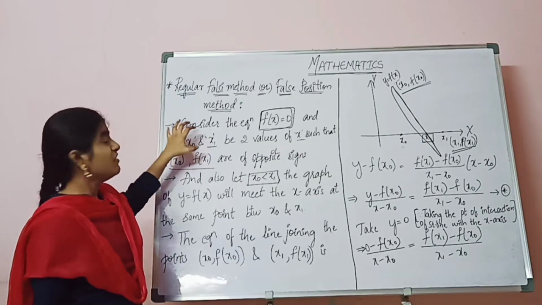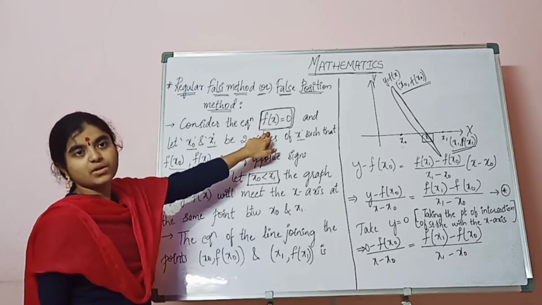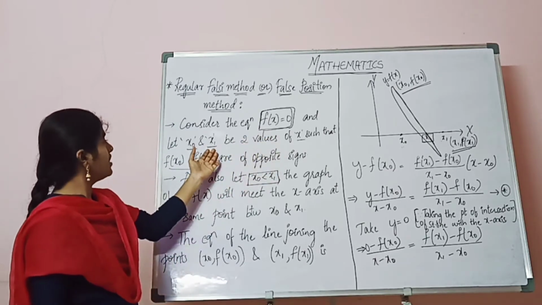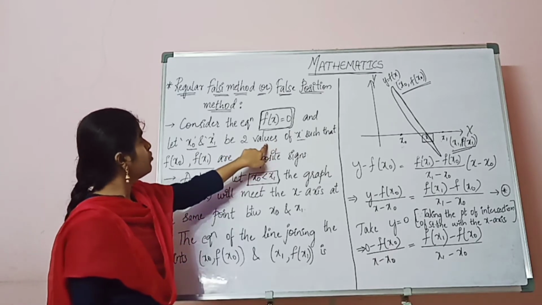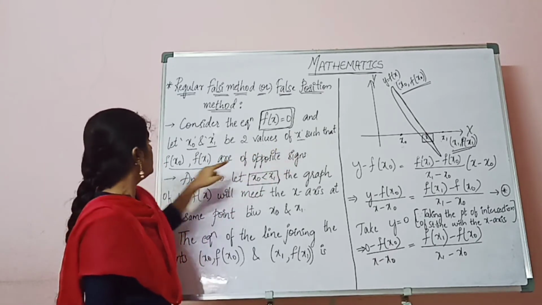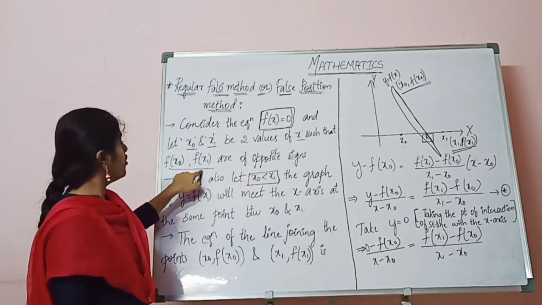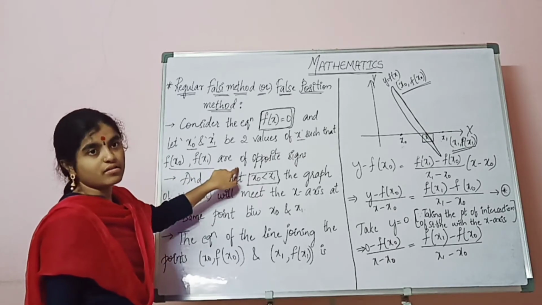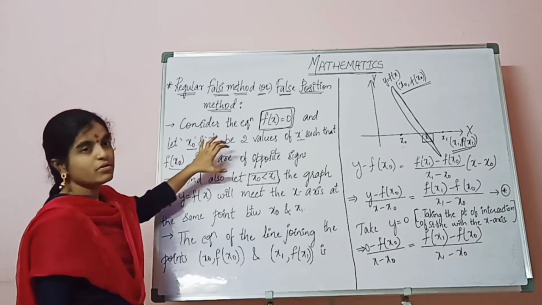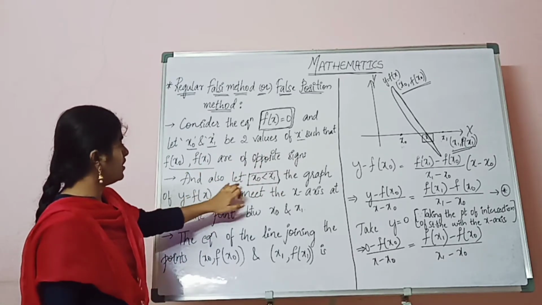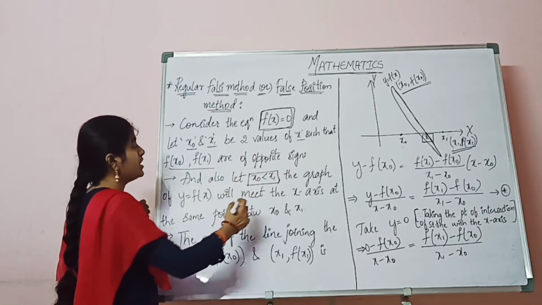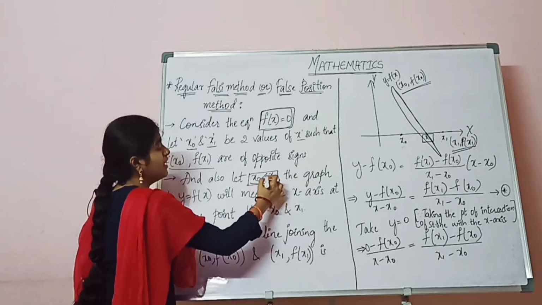We consider f(x) = 0 and take two values, x0 and x1, of x such that f(x0) and f(x1) are of opposite signs, and also let x0 < x1.